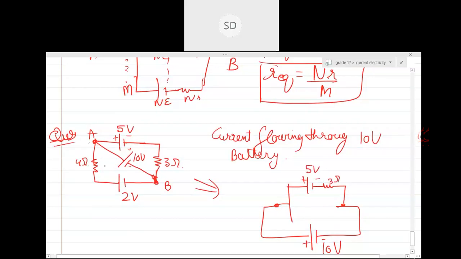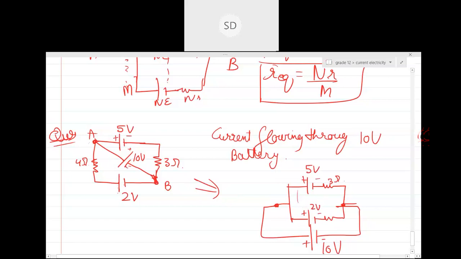What about this 2 volt battery? A is connected to it too. I can branch manipulate: I can write 2 volt over here and 4 ohm over here. So this circuit can become like that as well.